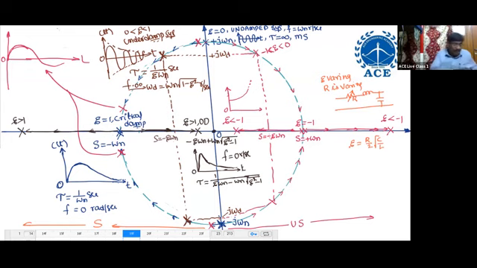Next, conclusions. Conclusions are very important compared to this diagram, and based on this diagram only we will write the conclusions.